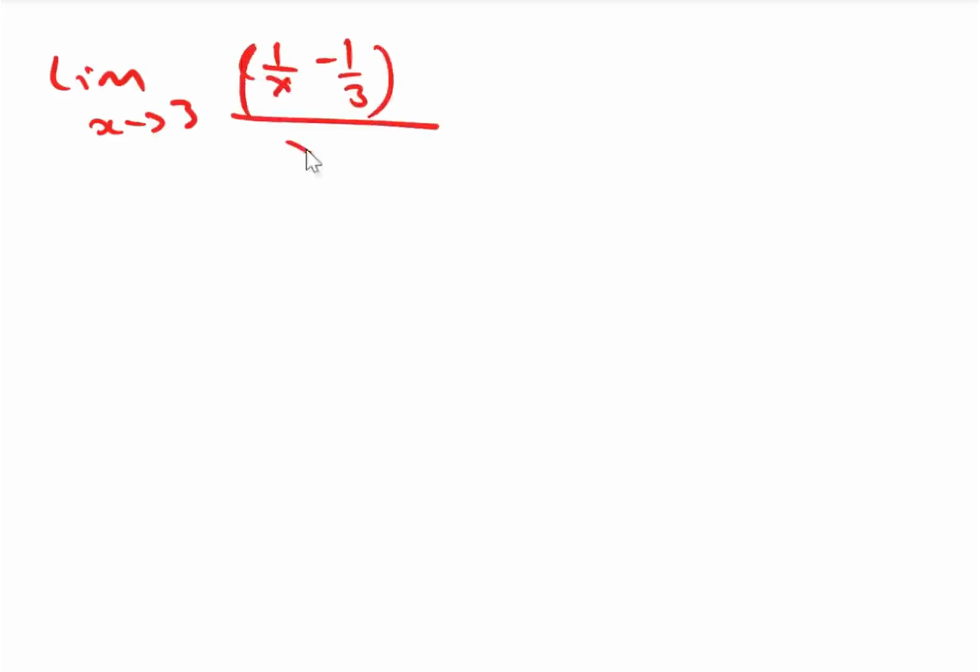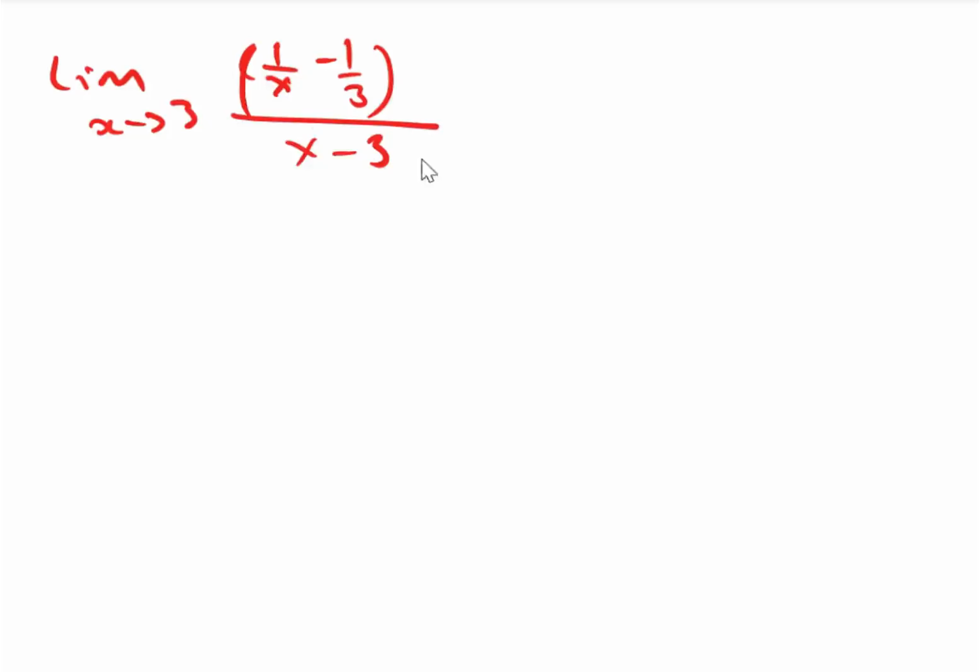The next example: what's the limit as x tends to 3 of 1 divided by x minus 1 divided by 3, all divided by x minus 3? To solve this, we have to simplify.